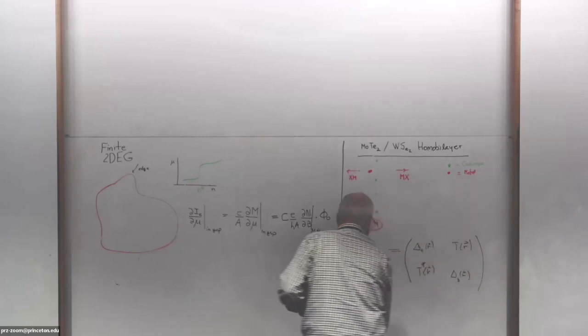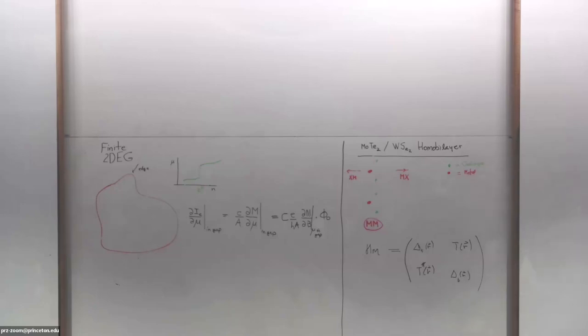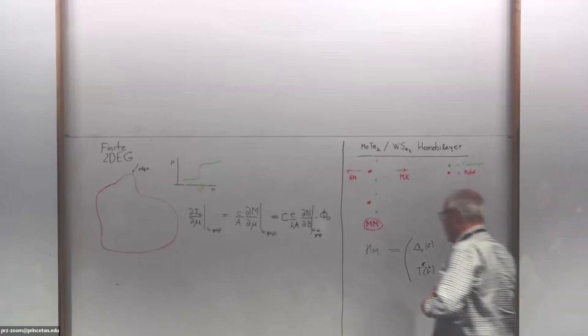The form of the hopping is exactly what we were talking about before, except now we don't have two sublattices. The metal atoms are only sitting on one sublattice. So this is just like the sublattice diagonal terms I was talking about.